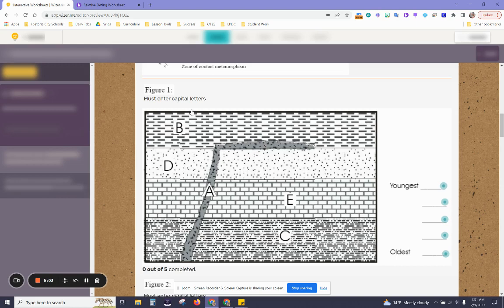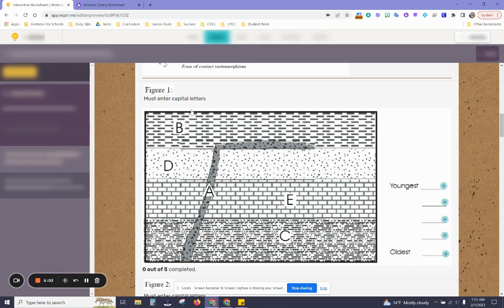And then we have two different basalt situations going on here, two different igneous rocks. So C is automatically the oldest. A would have melted its way through, pushed its way through kind of and melted away C. Okay, so A is next.